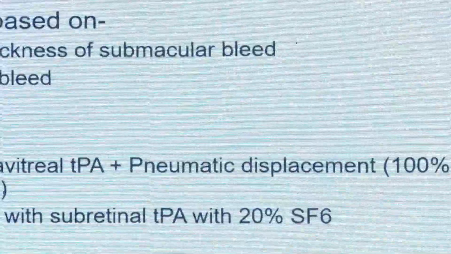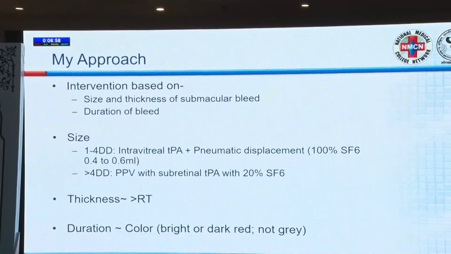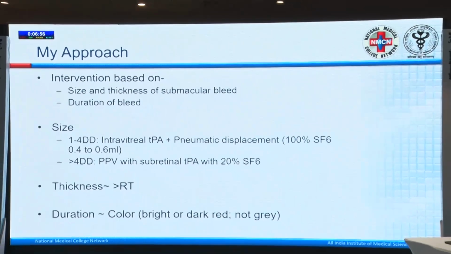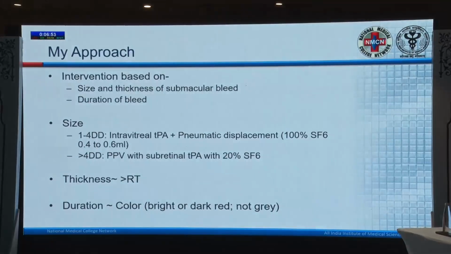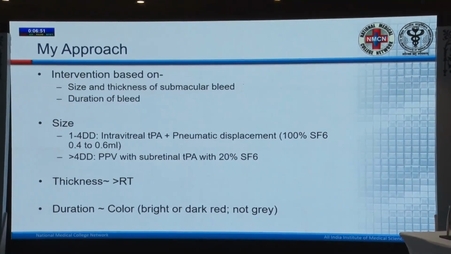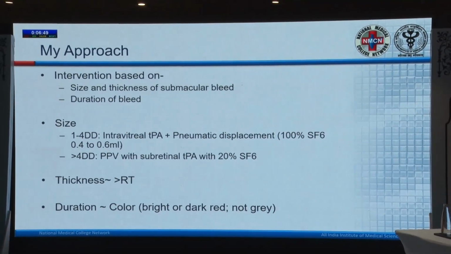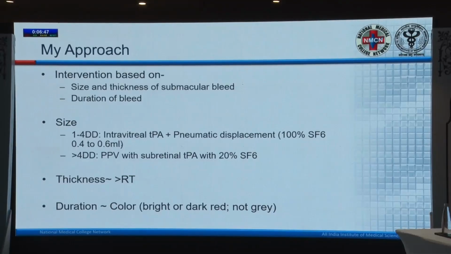So I'll be talking about my journey of tPA use. If I want to summarize in the beginning which cases I use it in and what my approach is, it depends on the size. If it is less than 4 disc diameter, I use intravitreal tPA and pneumatic displacement. If it is more than 4 disc diameter, I go with pars plana vitrectomy.